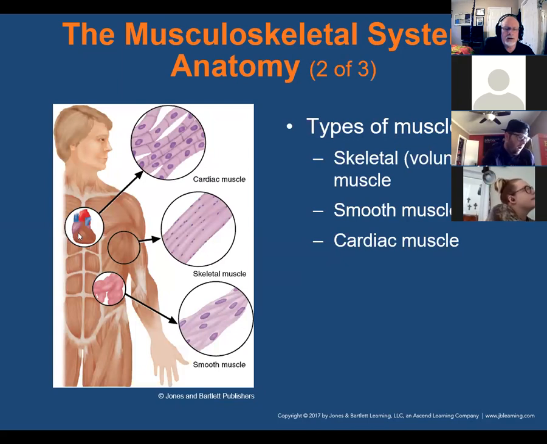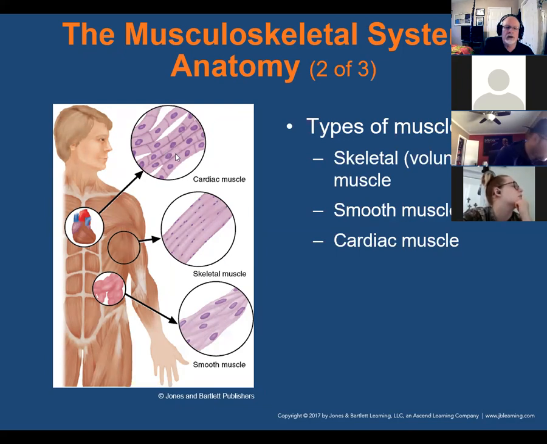So cardiac muscle, why do I say it's a special, unique type of muscle? Every cell in the myocardium, the heart muscle, is made up of these unique cells. They possess what's called automaticity. Auto meaning on its own.